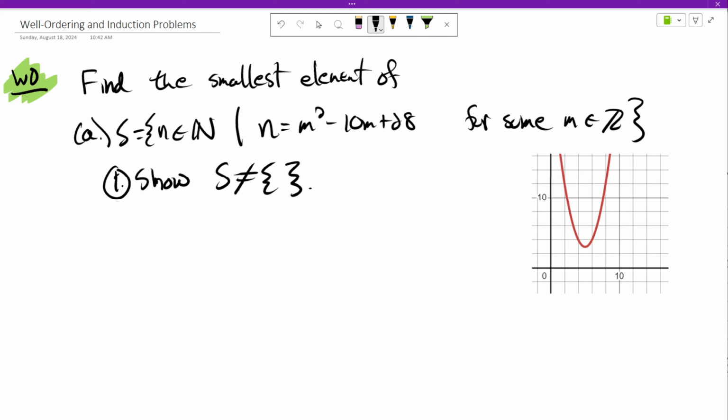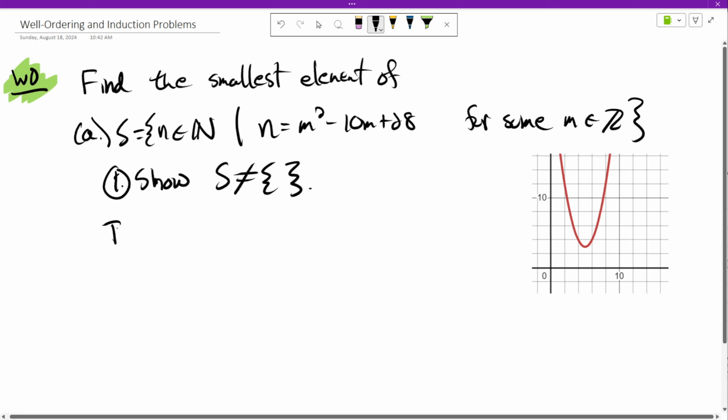That is, we want to show that at least one n can be written in this form. And we'll look at the graph on the right in a second. Well, let's plug in an integer and see what we get. We need to write our n's as m squared minus 10m plus 28. So one way to find such n's is to plug in integers m. What happens if we let m be 0?